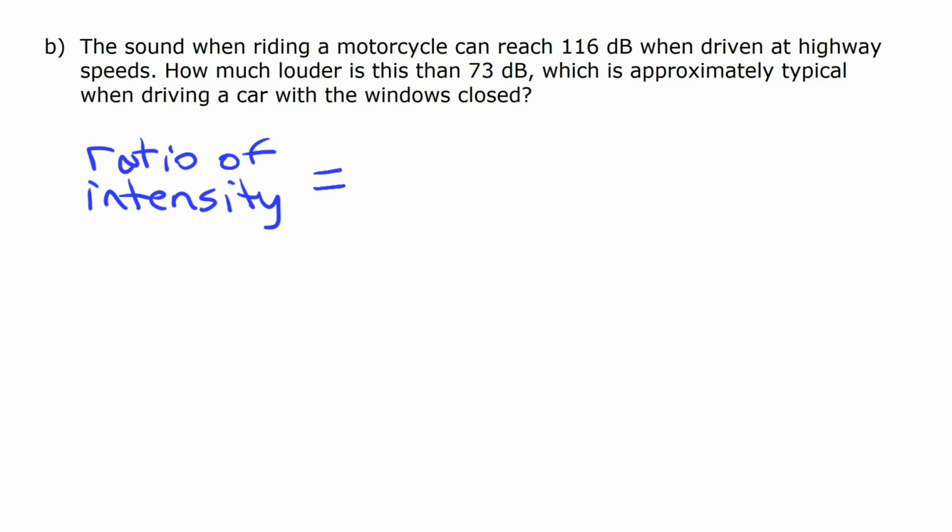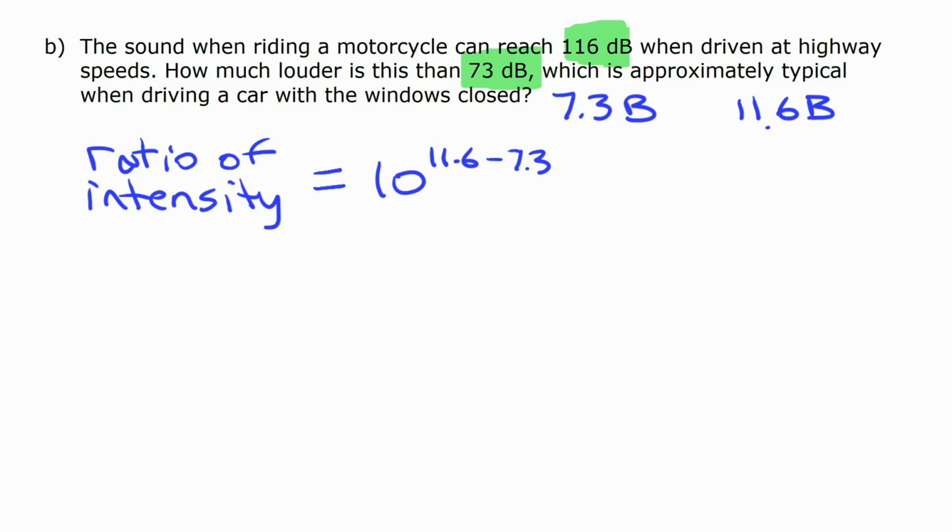We can write our ratio of the intensities, but we have to remember that 116 decibels is 11.6 bells, and 73 decibels is 7.3 bells. And when we write this ratio, I'm going to write it as a power with those exponents subtracted, 11.6 minus 7.3. Again, that wrinkle with the decibel scale, you've got to convert it when you're comparing. And so that's equivalent to 10 to the 4.3 when you subtract it.